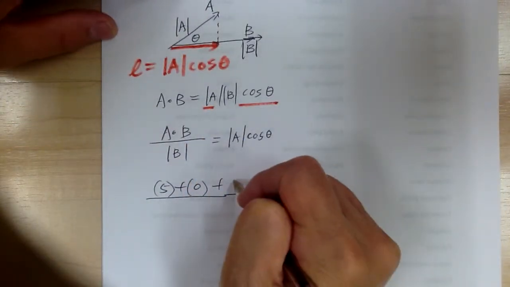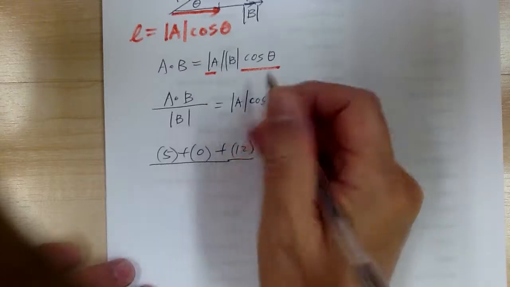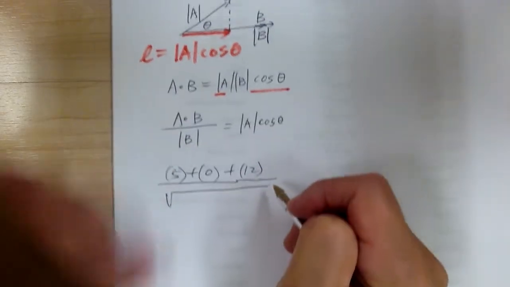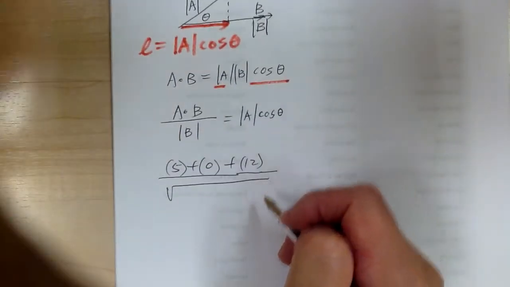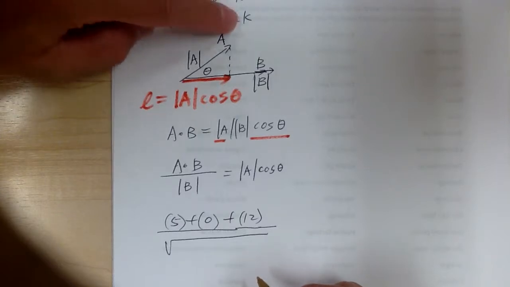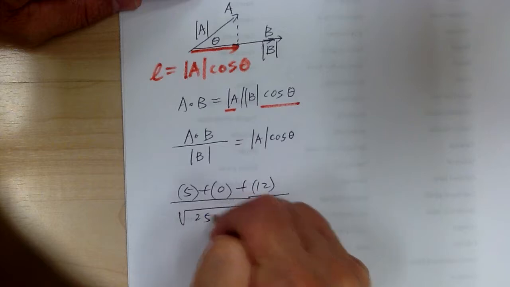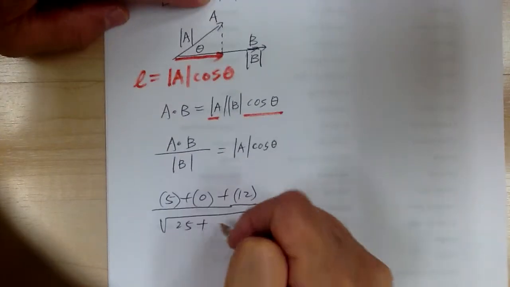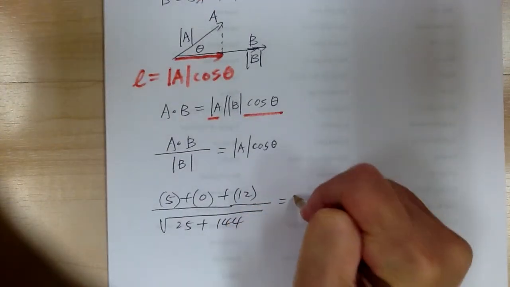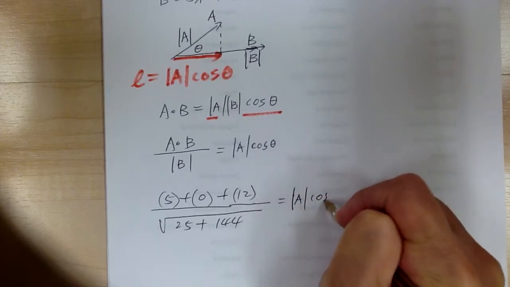Plus 12, and watch your sign, over the length of B. You can see it's 5, 12, 13. But if you don't see that, you can just square it. So you get 25 plus 144 equal to A cosine theta.